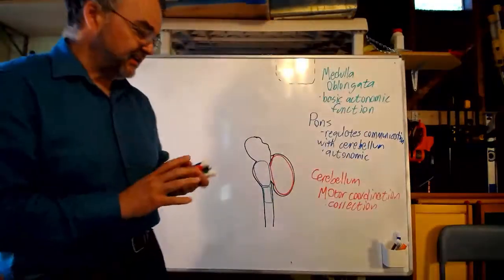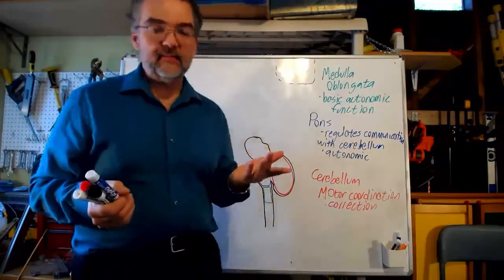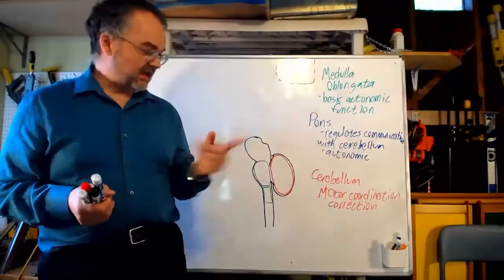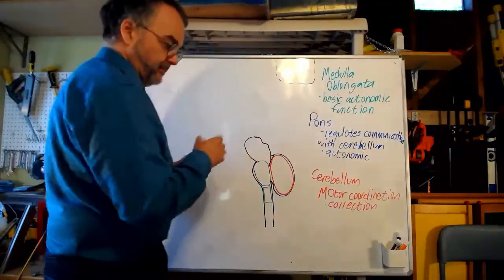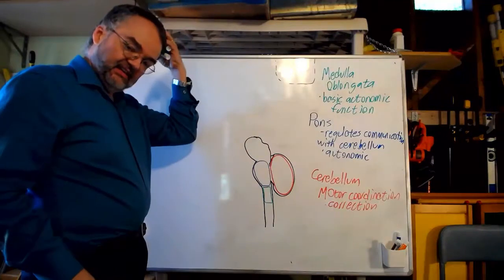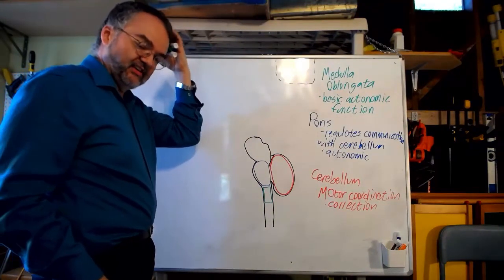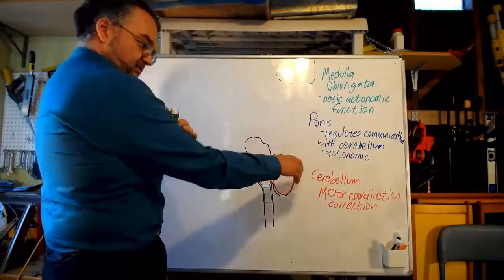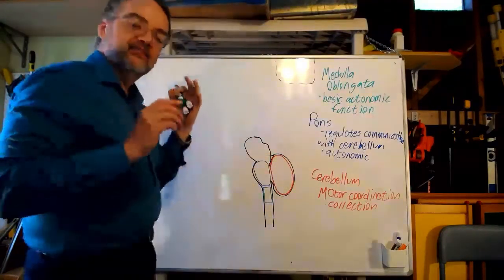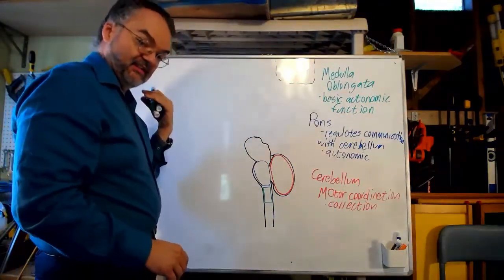That's kind of an interesting thing. So here's kind of what we're talking about. When you decide, say I decide I'm going to reach out and touch the word cerebellum on there, my cortex comes up with the sequence of movements I'm going to need to do that. It says you're going to need to move your shoulder this way and extend your arm this way and put your hand about here. So it figures out what movements are going to be necessary, and then it starts issuing those commands.